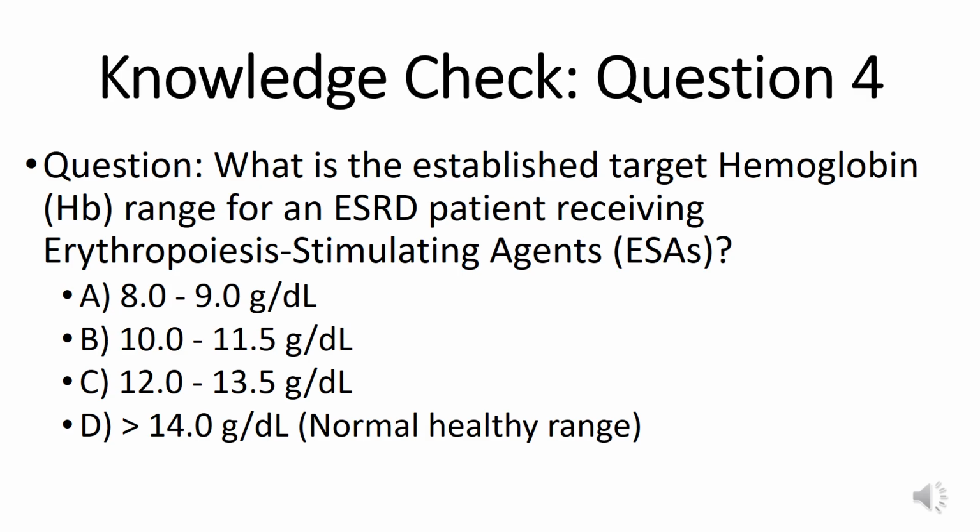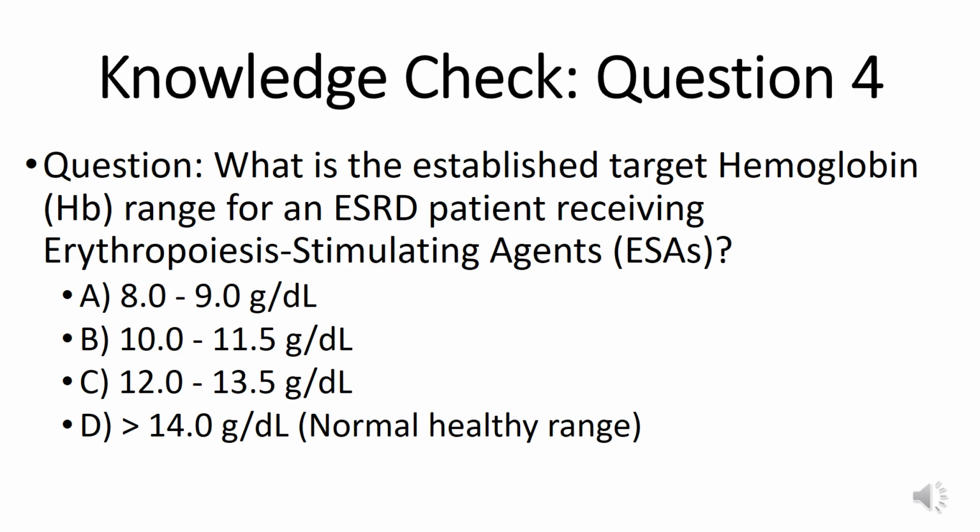Successful anemia management also requires adequate iron stores. Intravenous iron supplementation is frequently necessary because erythropoiesis cannot occur efficiently without sufficient iron availability. A simple way to remember this concept is that erythropoiesis-stimulating agent therapy aims for a safe middle ground.